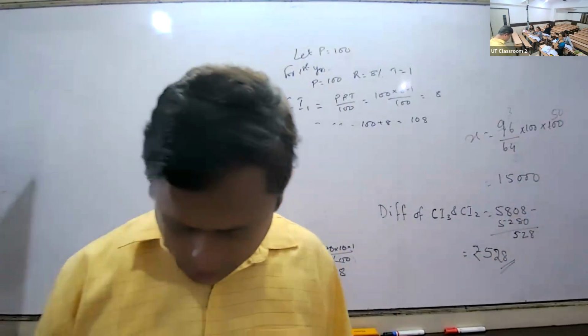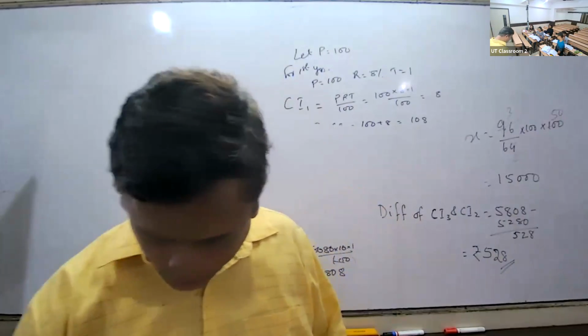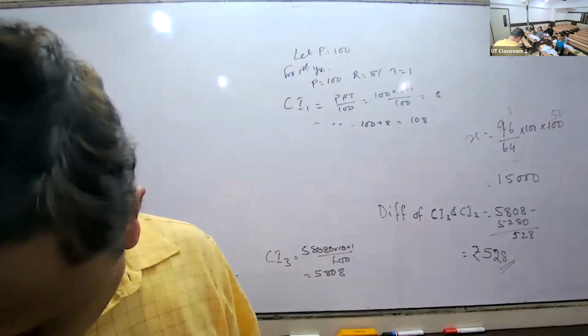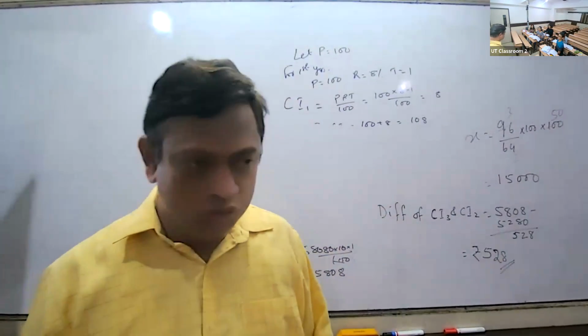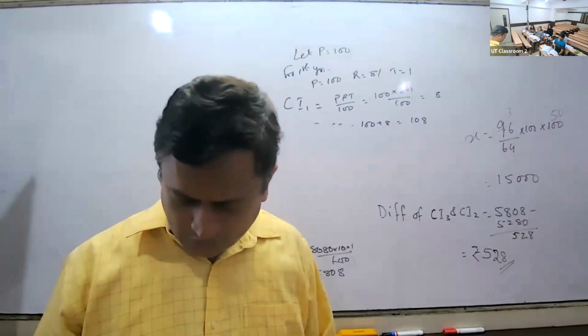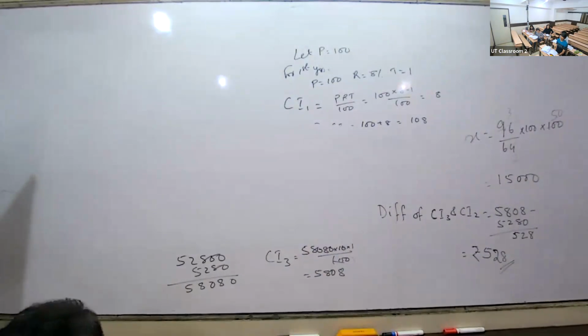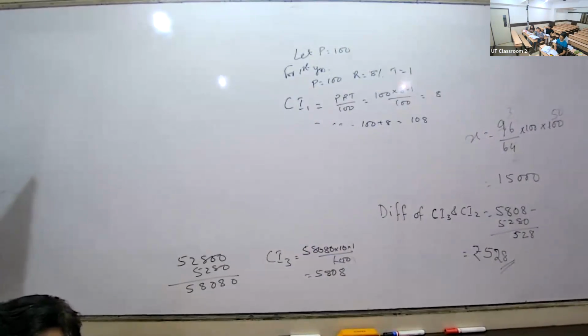Good. That was the 12th question. Okay, 13, two more to go. Read: a man saves rupees 3,000 every year and invests it at the end of the year at 10% compounded interest. Calculate the total amount of the saving at the end of the year. So what does he do?